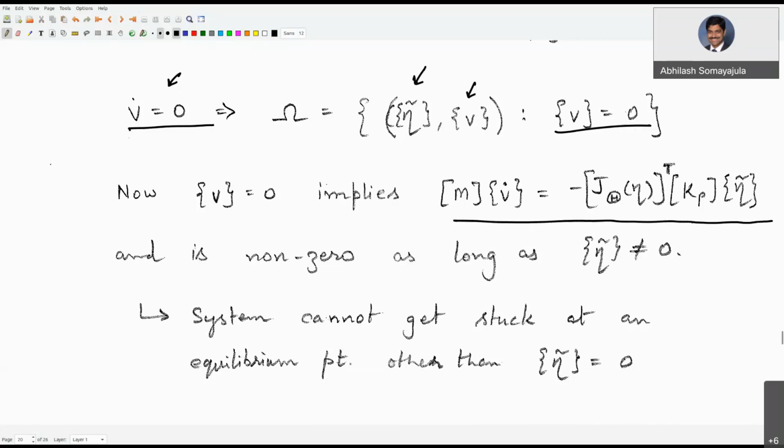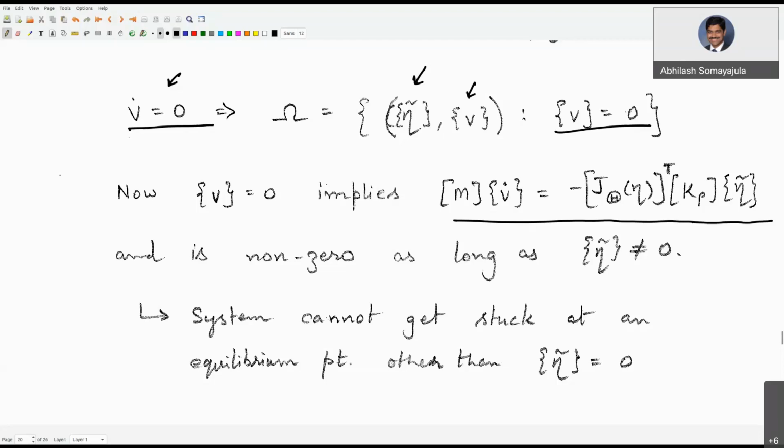So whenever I start at any point where eta tilde is non-zero but V is equal to 0, that point cannot be an equilibrium point, because the system cannot be stuck there. At that point V dot is non-zero, so at the next time instant V will be changing its value.